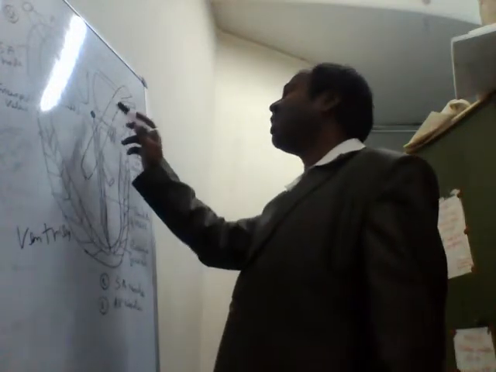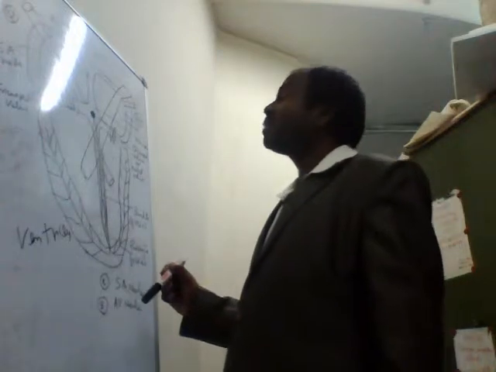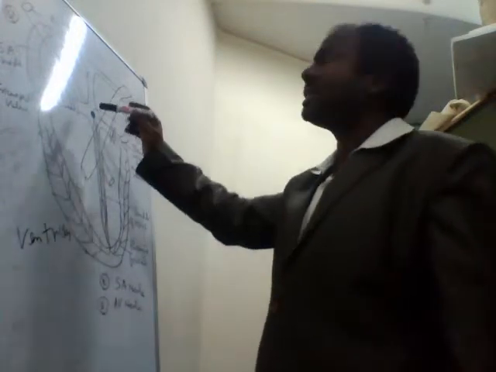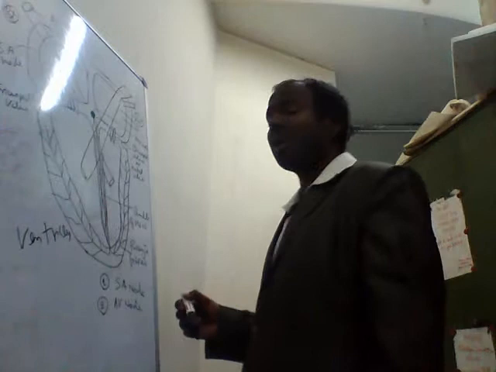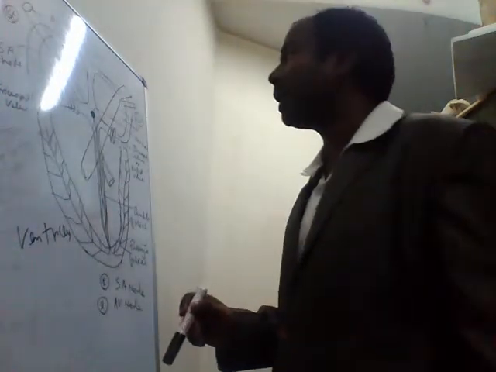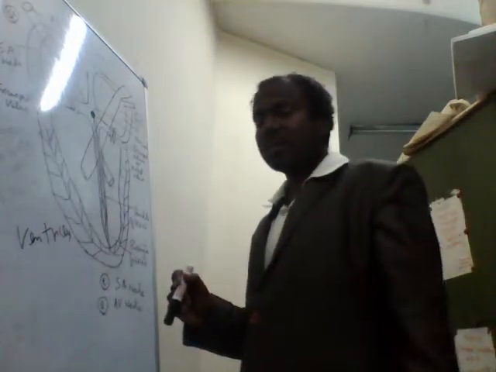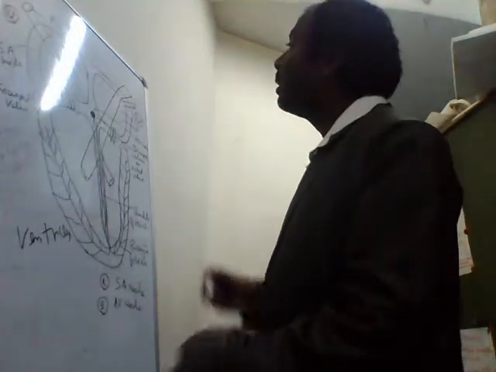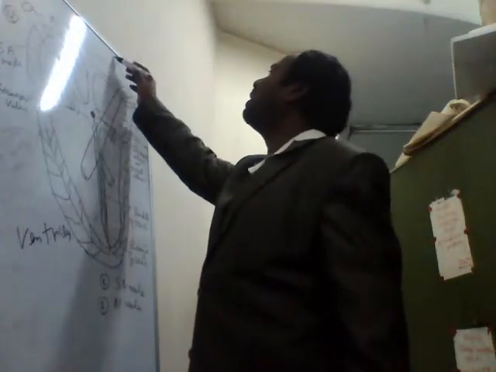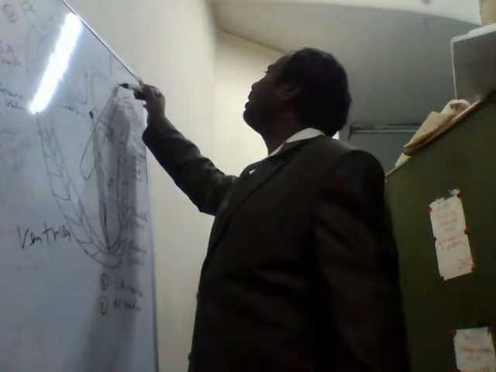This auriculoventricular node is responsible for the reception of the signals received by the sinoauricular node from the pons, medulla oblongata.